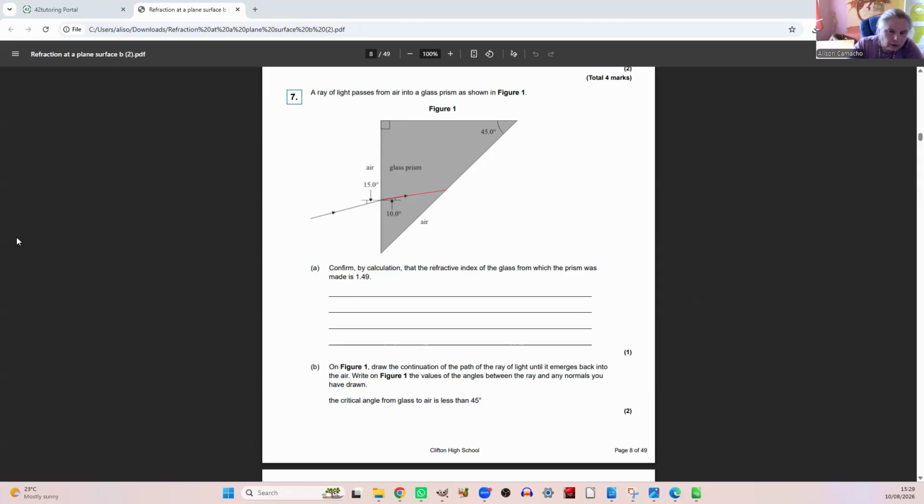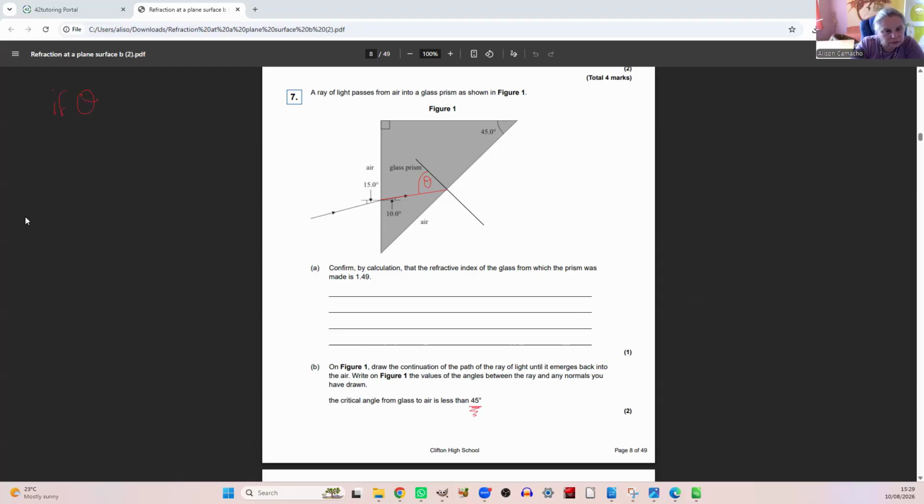Now, if I now put in my normal, which I'm going to put in black, I need to figure out whether this angle, I'm going to call it theta, is bigger than 45.